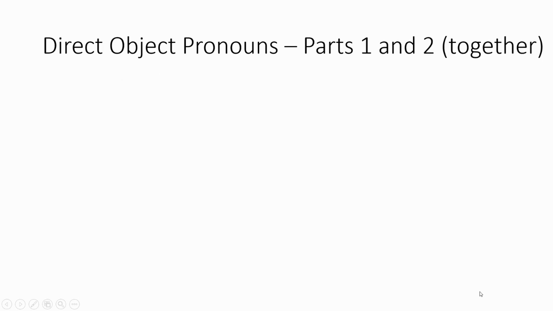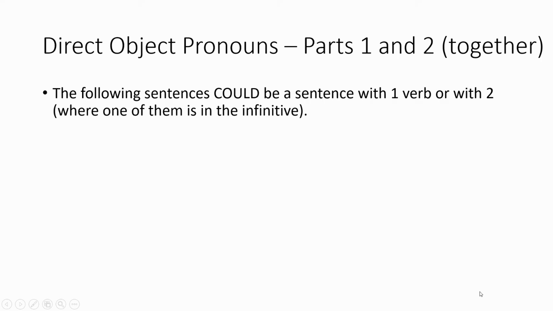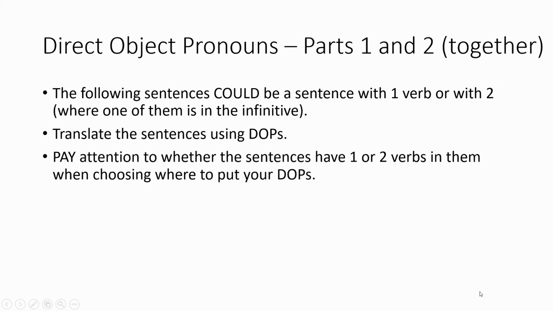Now putting parts 1 and 2 together. The following sentences could be a sentence with one verb or with two, where one of them is in the infinitive. You need to translate the sentences using direct object pronouns. Pay attention to whether the sentences have one or two verbs in them when choosing where to put your direct object pronouns.